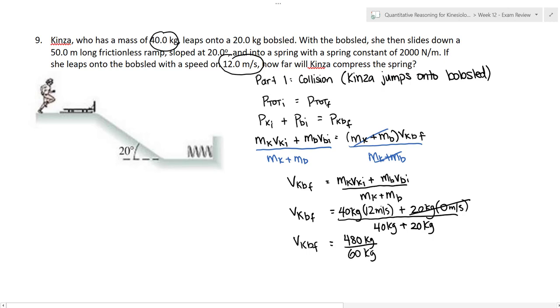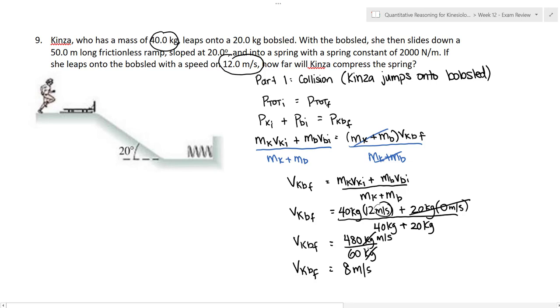And there's this meter per second that's at the top still. The kilograms cancel, and we're left with the velocity of Kinza in the bobsled final is equal to 480 divided by 60, which is 8 meters per second.